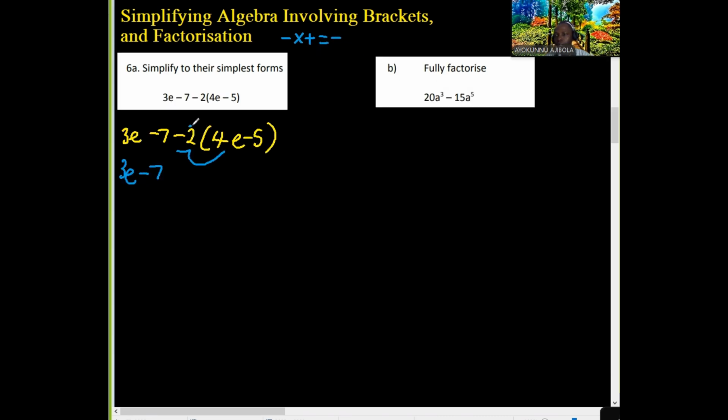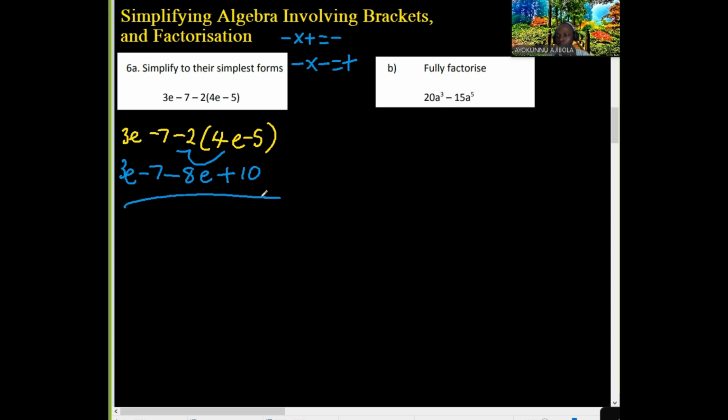So negative 2 times positive 4 will give us a negative 8, then e is with it. And also remember this, negative number times negative number gives a positive result. So negative 2 again times negative 5 will give us a positive 10 because they are both negative. So that is positive 10.